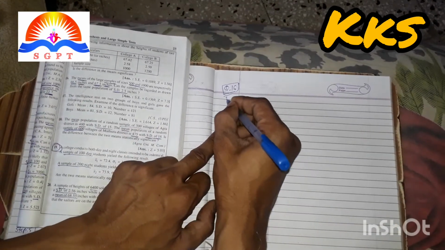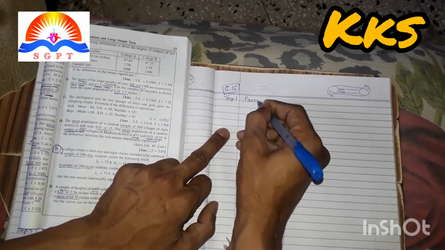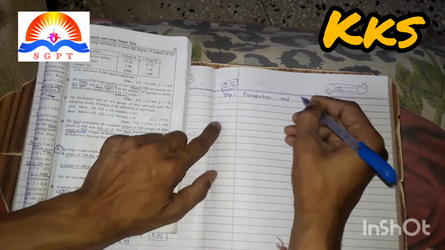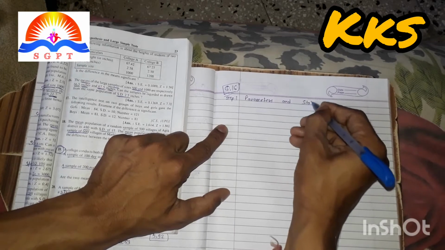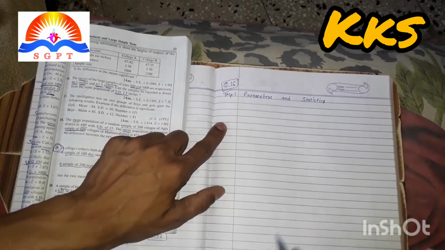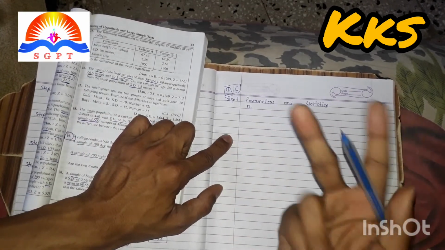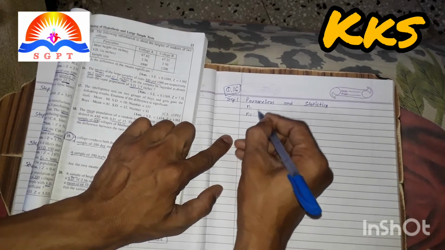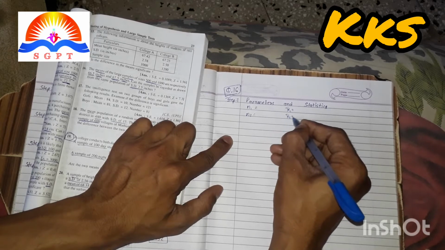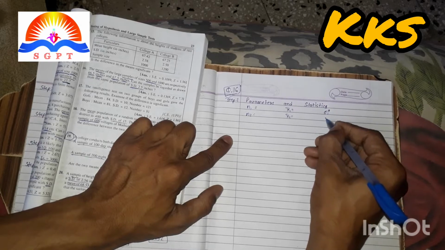First of all, start with step 1, parameters and statistics. In parameters and statistics, what should we have here in method number 2? n1, n2, x bar 1, x bar 2, and sigma 1, sigma 2.